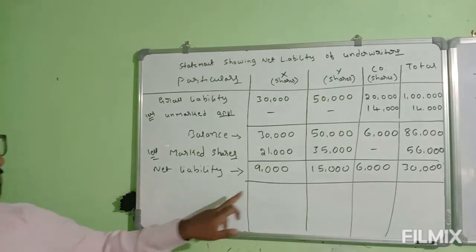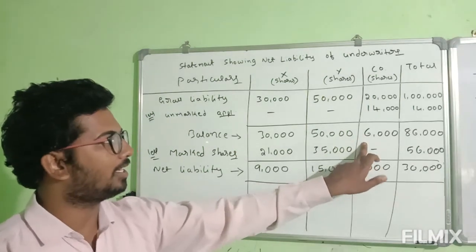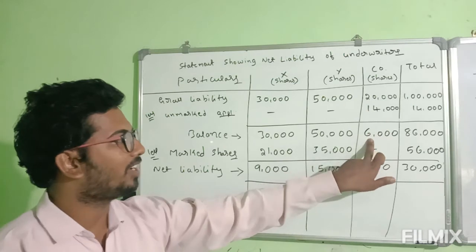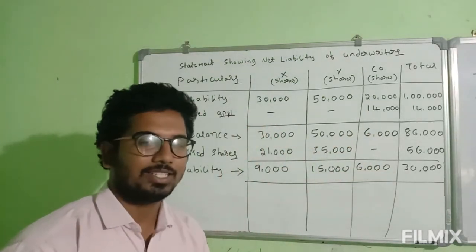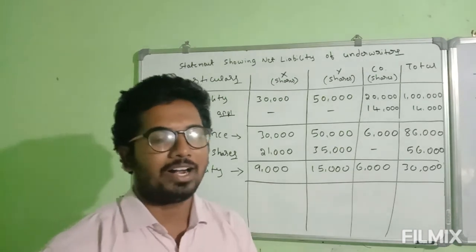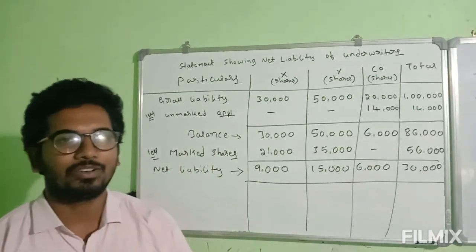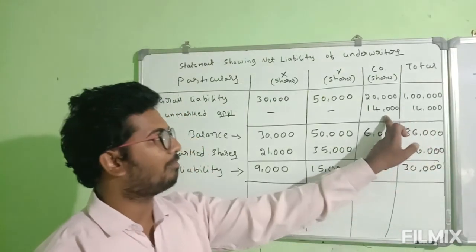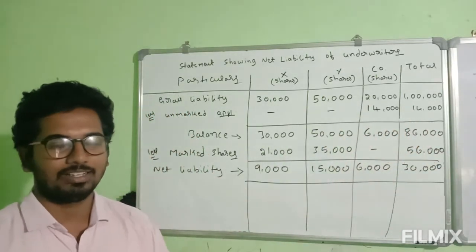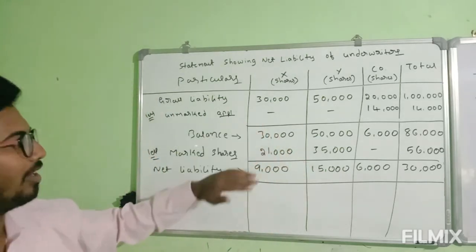In case a negative balance comes for the company, for example, we redistribute it to the remaining partners in the gross liability ratio. Most of the questions will give marked applications, so we have to find the unmarked applications directly. The direct unmarked applications go to the company because it's a partial underwriting. The remaining is all the same.